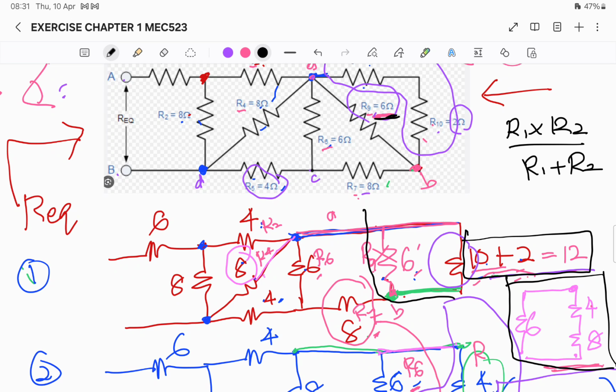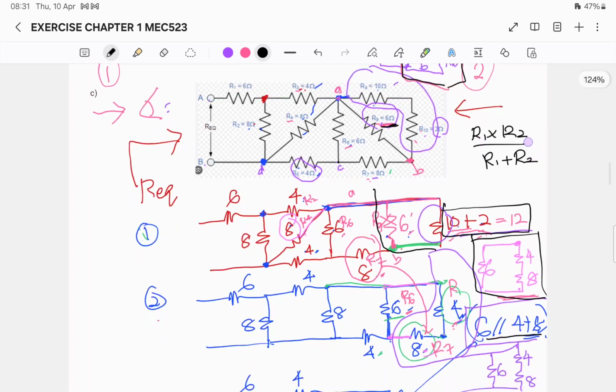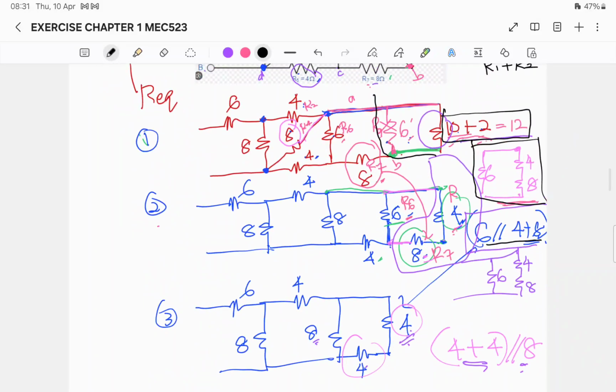If we have 3 resistors in parallel, we cannot use this formula; we have to do 1 over. This comes from solving two fractional values. So when you solve, you get 4.